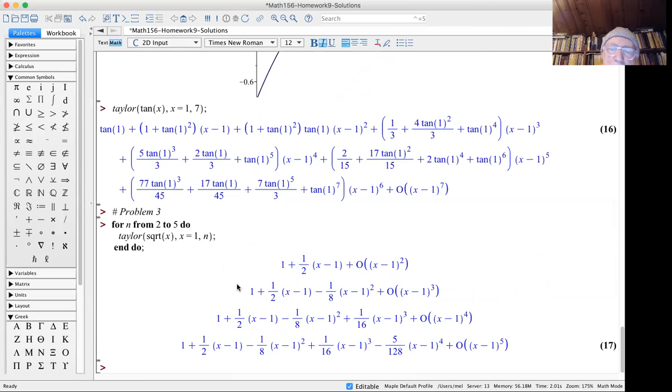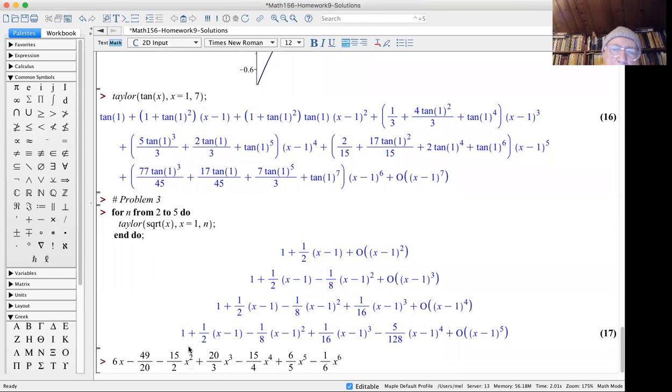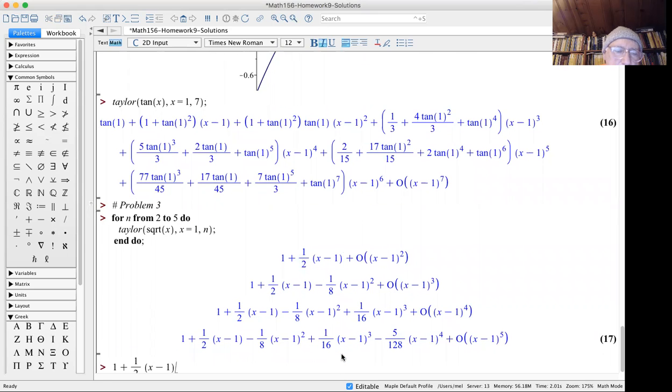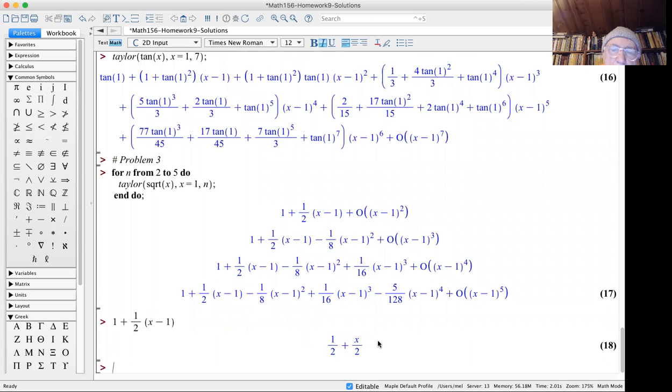And so let me take this. This is for n equals 1. Oops. And that's what this is. 1 plus a half x minus a half is a half plus x.